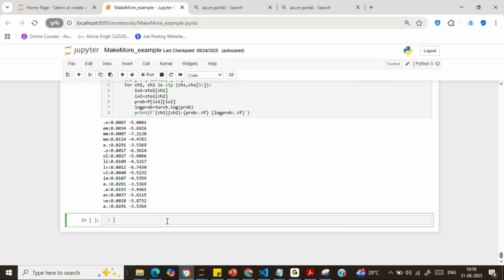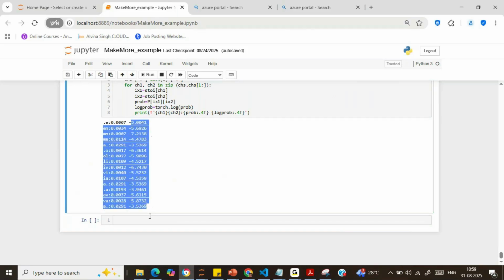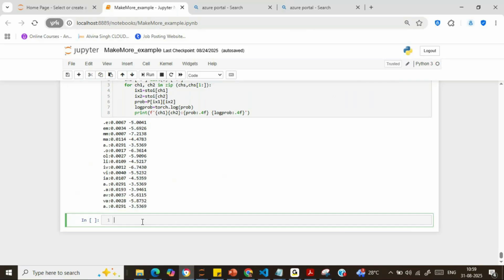So we are getting the values in negative, and the highest it can get is up to 0.